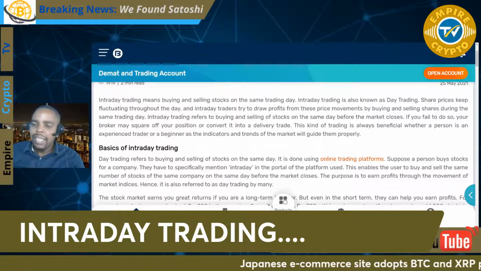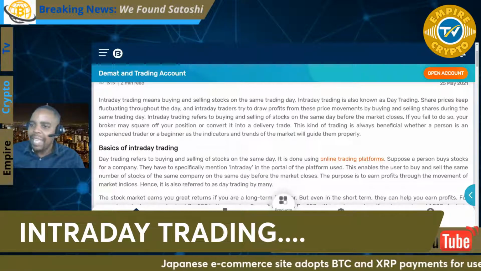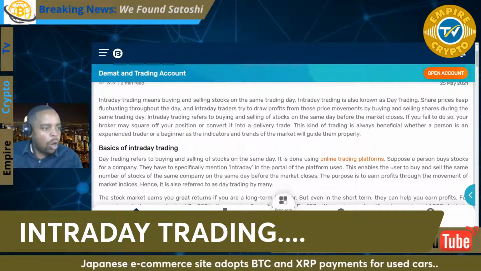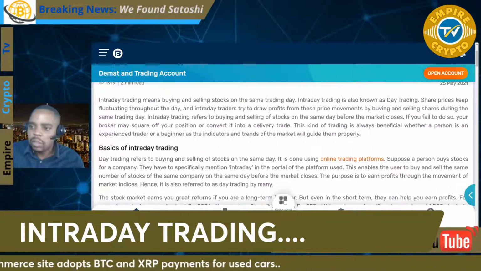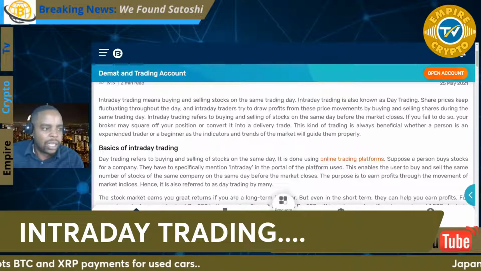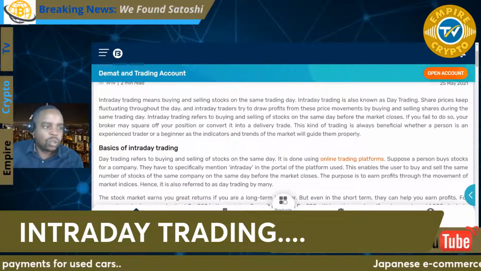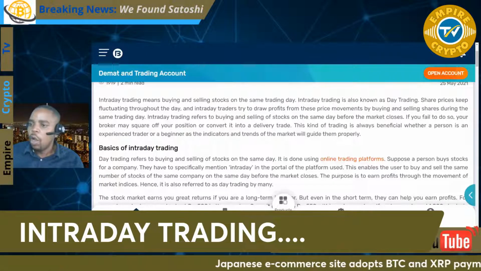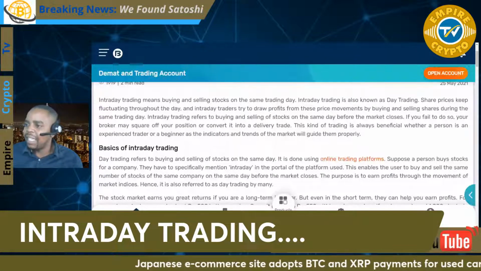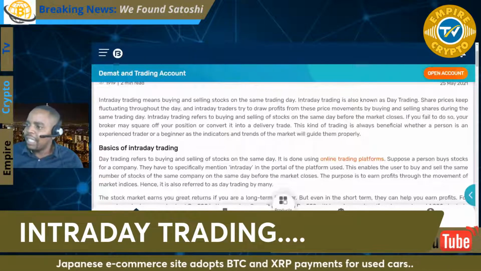Now, intraday trading means buying and selling stocks or cryptocurrencies or currencies. Stocks is just the word they use as an example, but originally stocks was the main thing that brought about intraday trading, on the same trading day. Intraday trading is also known as day trading.